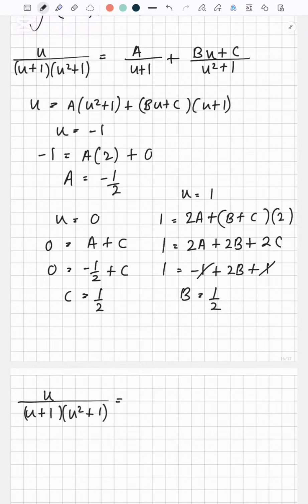You can see b equals half and c equals half, they're both the same number, so we can take half outside. We can write it like this: u plus 1 over 2 times u squared plus 1. I think you get it. If you have any doubts, drop them in the comments. Minus 1 over 2 times u plus 1.